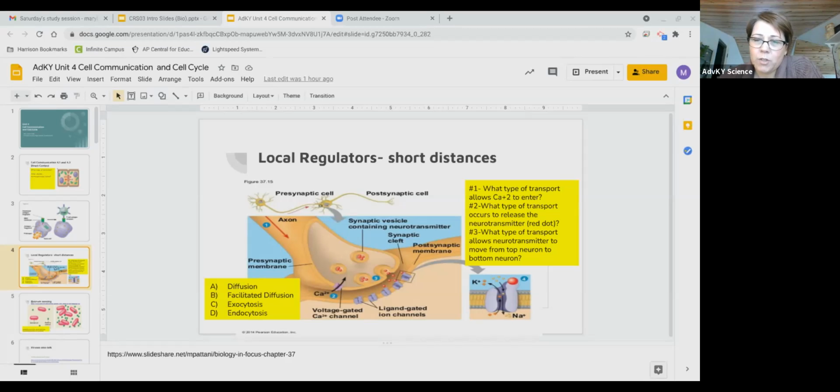My second question, what kind of transport is occurring to release that neurotransmitter, to release those red dots? Again, you can use the A, B, C, or D in chat. What kind of transport is occurring to release the neurotransmitter here?